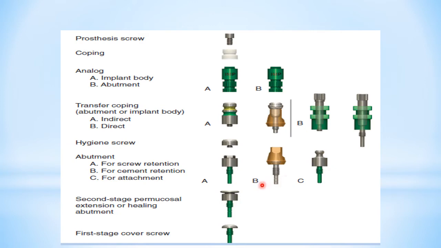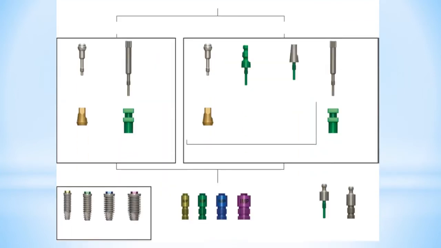Here we can see many types of equipment, starting from the cover screw that is used after surgery, and the healing abutment, and different types of abutment for screw retention, cement, and for attachment, and also different types of transfer coping used for the indirect and direct methods, and the different types of analog and coping with the prosthesis screw.